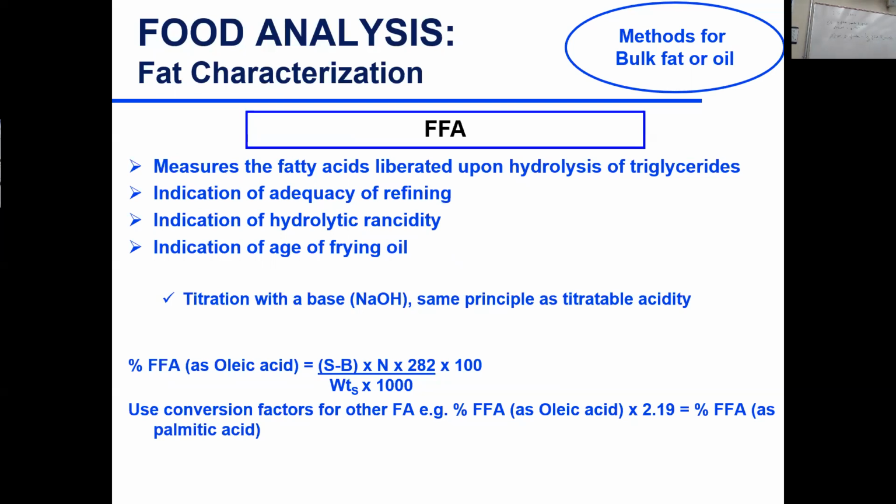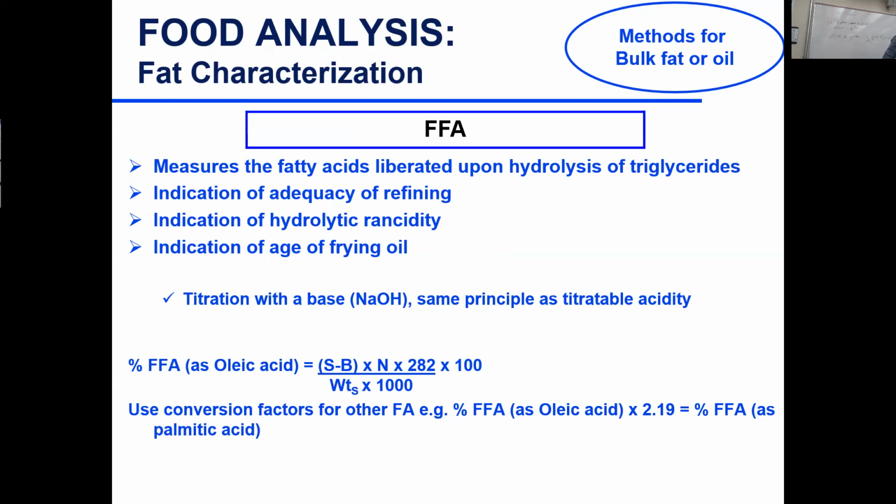When fatty acids are freed, they contribute to off flavor, they can get oxidized, so we don't want that to happen. And sometimes we have hydrolytic acidity during storage of grains or flour, because you have endogenous lipases. It's also an indication of frying of the oil. So you want to remember that when I ask you about free fatty acids.